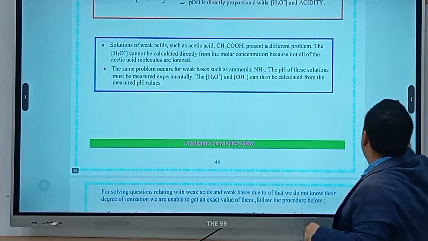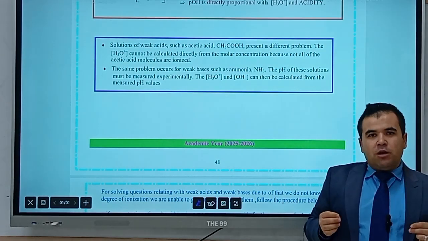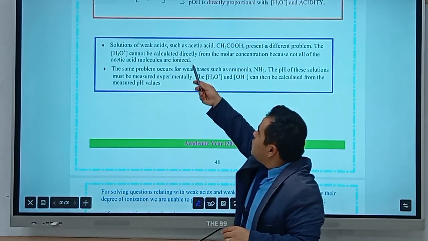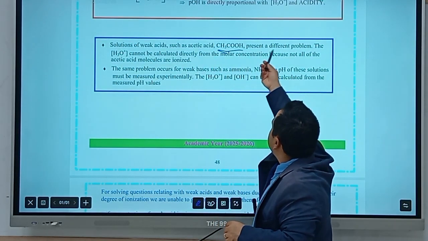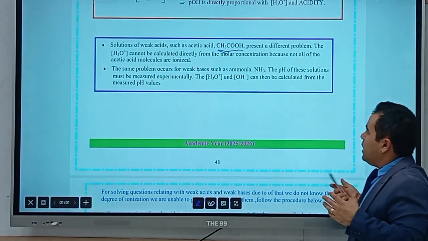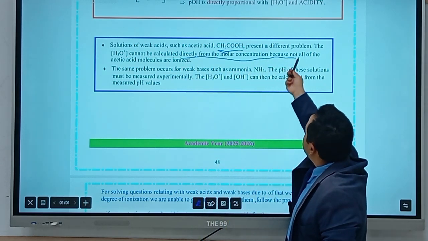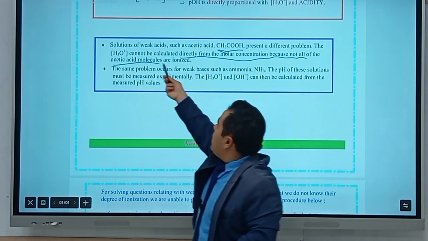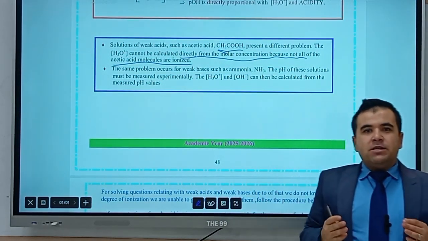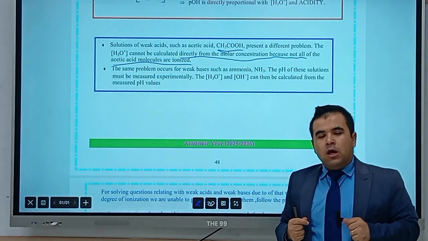For the strong, we talked about how to calculate the hydronium, hydroxide, pH and pOH. How about the weaks? Guys, solutions of weaks such as acetic acid present a different problem. The hydronium cannot be calculated directly from the molar concentration because not all of the acetic acid molecules ionize. The weak acids and weak bases are not completely ionizable compounds.